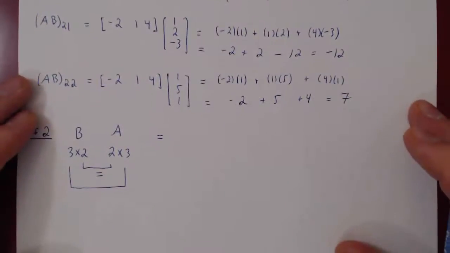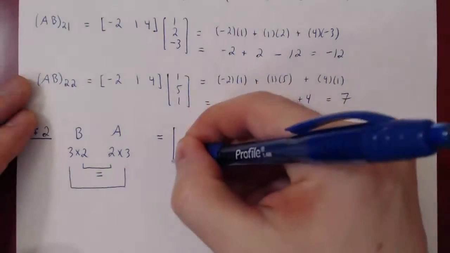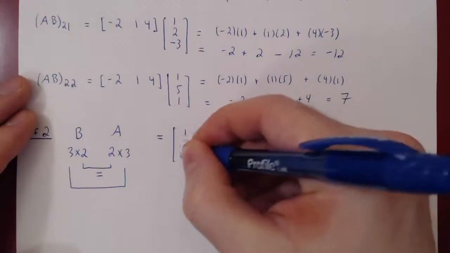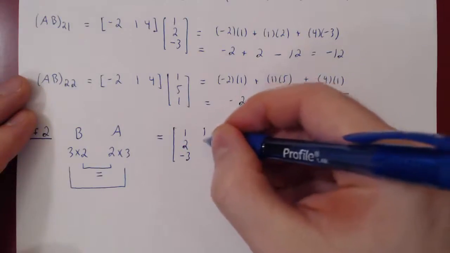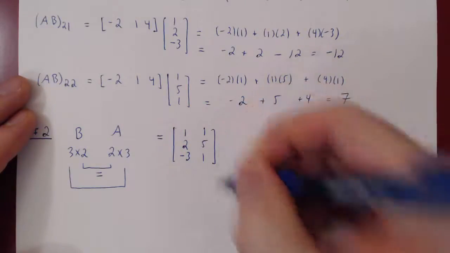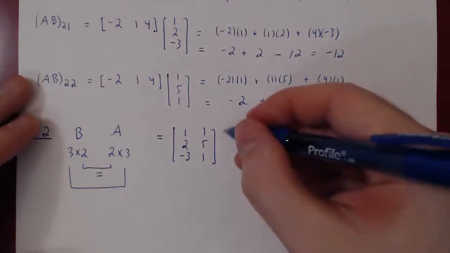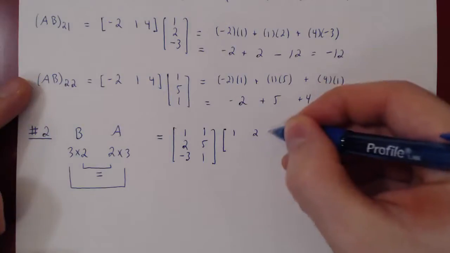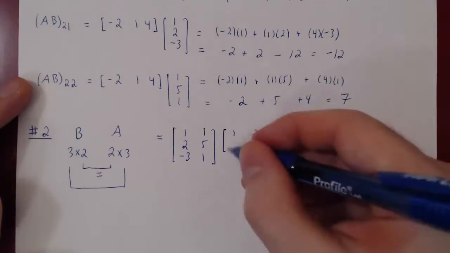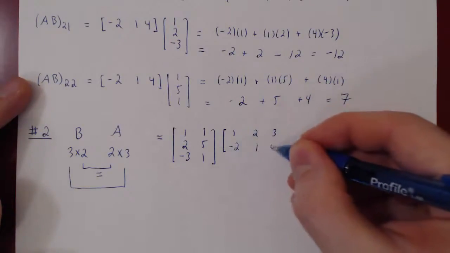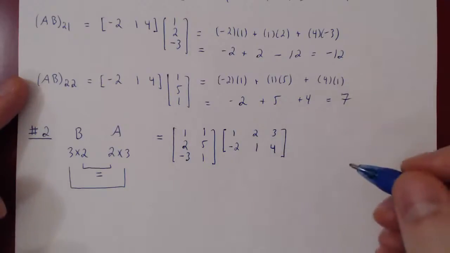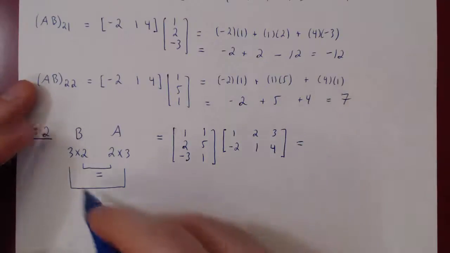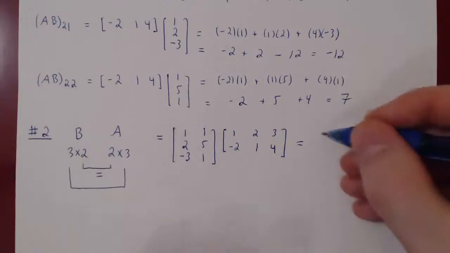Let me just write the two matrices. B was the matrix, if you remember, 1, 2, negative 3, 1, 5, 1, times the matrix A, which was 1, 2, 3, and then negative 2, 1, positive 4. And the new matrix, as we have just said, will be a 3 by 3 matrix.